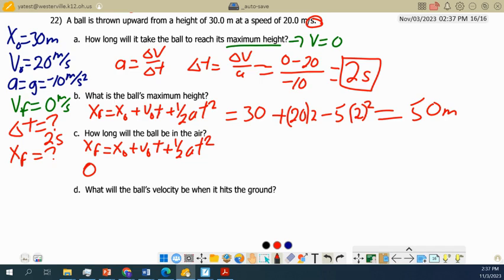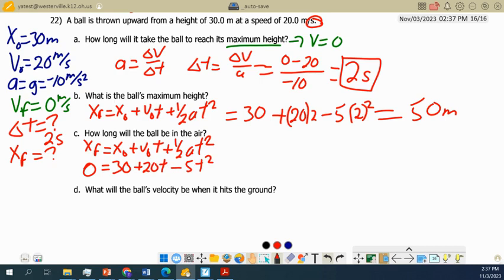Its x final is 0. So we're going to plug in a 0 for our xf. We know our initial x was 30. We know our initial velocity was 20. We don't know our time yet, so I'm just going to leave that in there. And we know 1/2 a is going to be -5. And again, our t squared.